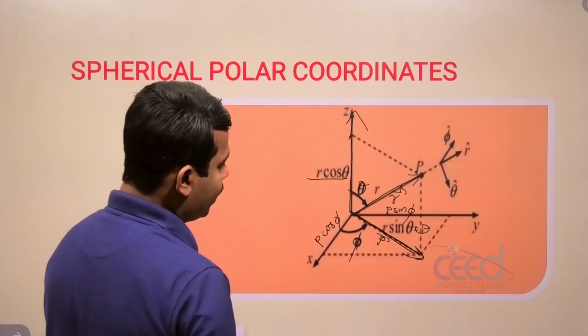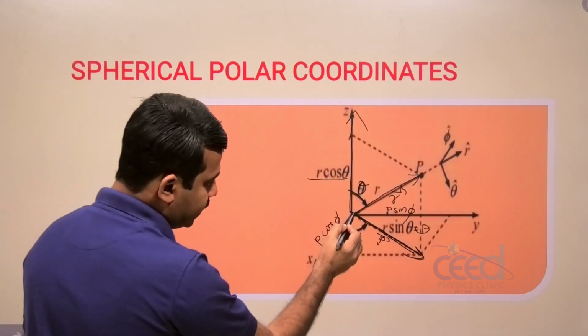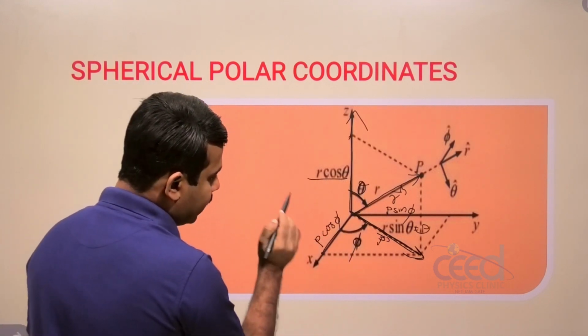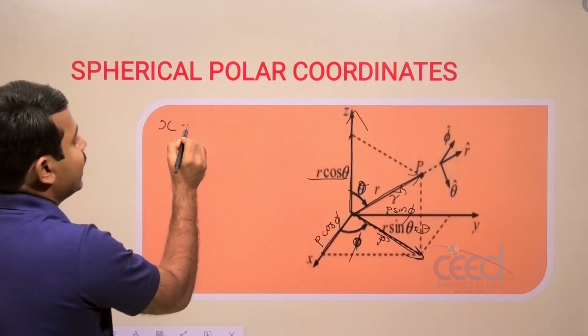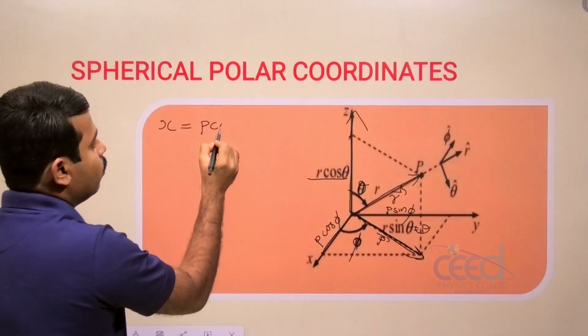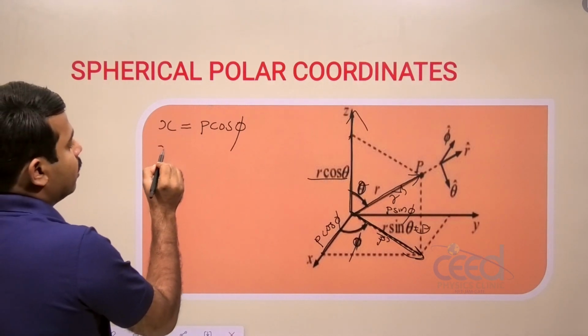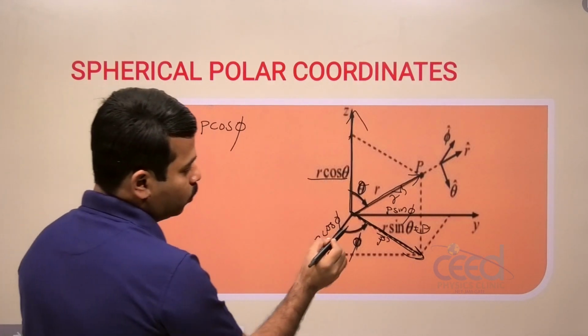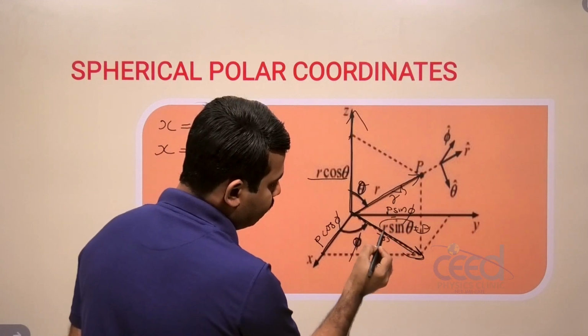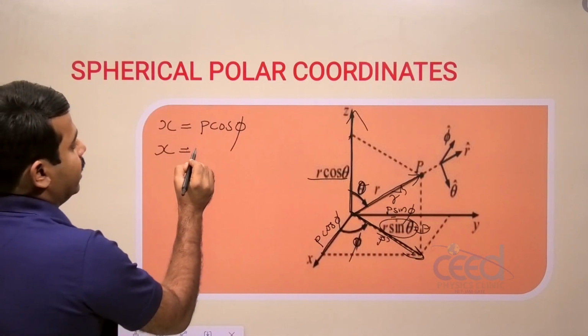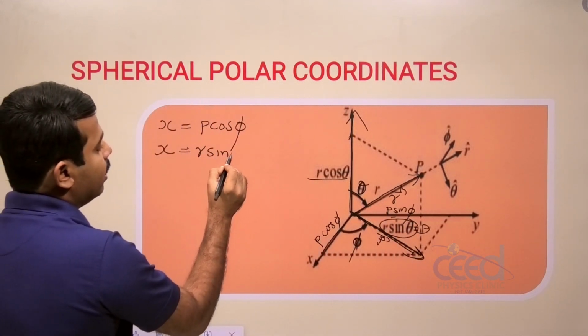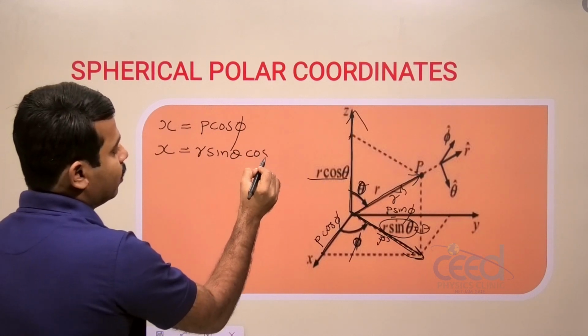Now tell me what is x? This is x, so x is equal to p cos phi. Then what is p? p is equal to r sin theta. So x is r sin theta cos phi.